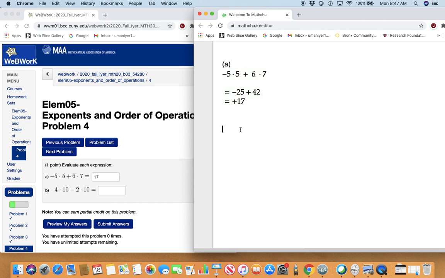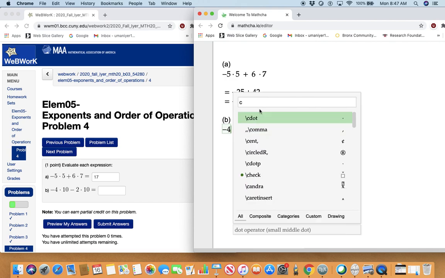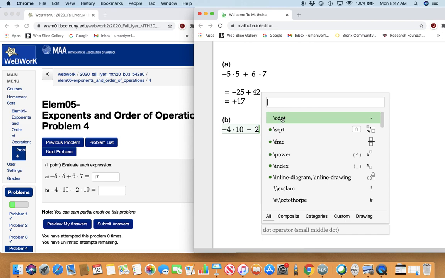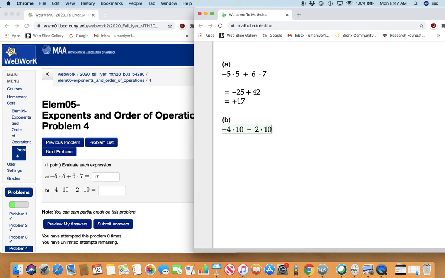Next. Negative 4 times 10 minus 2 times 10. Okay. Again, notice there is a subtraction and 2 multiplications. Multiplications take precedence. Negative 4 times 10 is negative 40 minus 2 times 10 is 20.